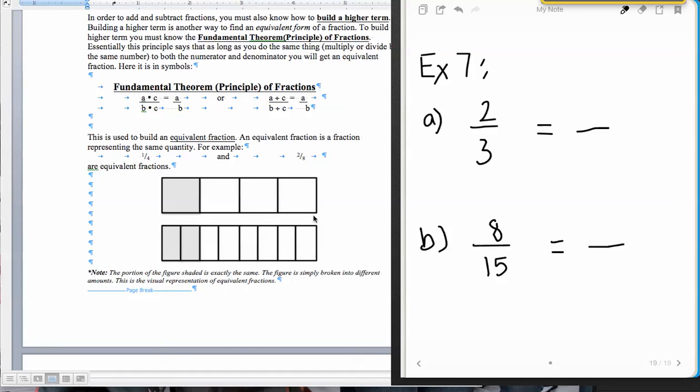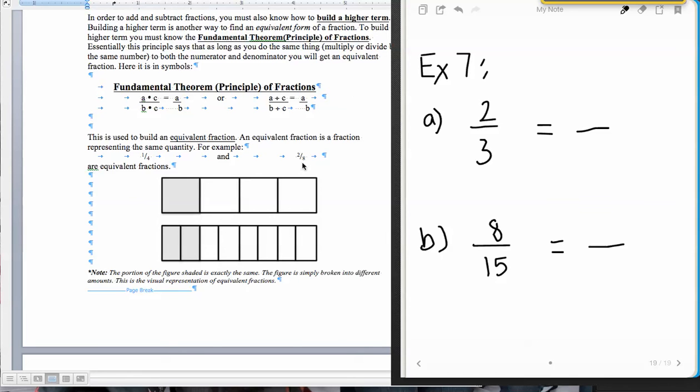Here you see a figure of equal size to this figure down here, but the top figure is divided into 4 pieces, denominator being equal to 4, and over here it's divided into 8 pieces, denominator being equal to 8. Here I've shaded 1/4 of this figure, and that's its representation. Here I've shaded 2/8 of the figure, and what you see is the exact same portion being represented here. That's the meaning of equivalent fractions.